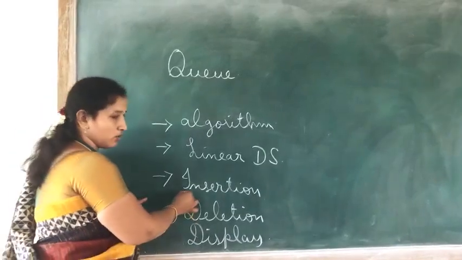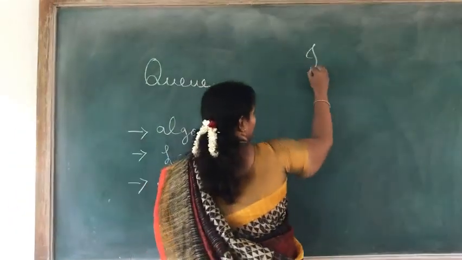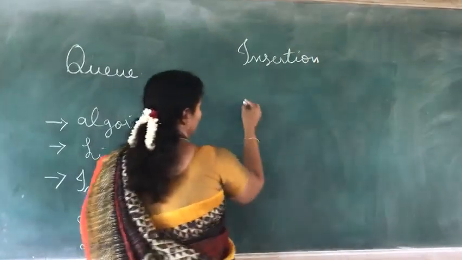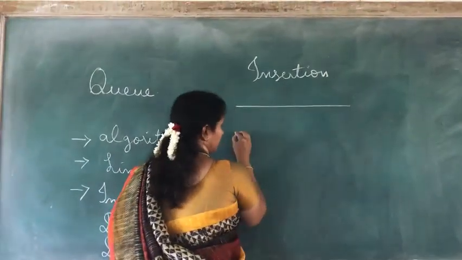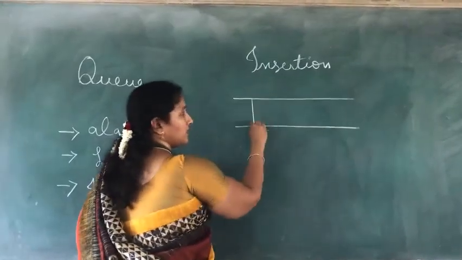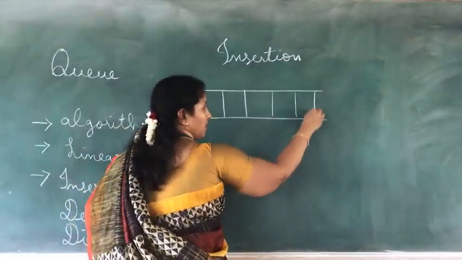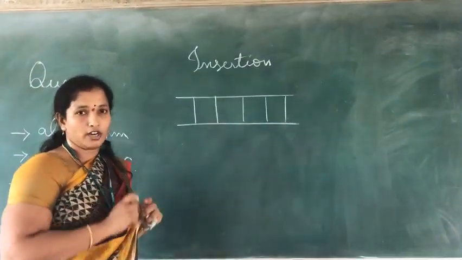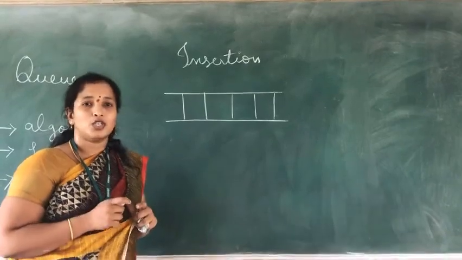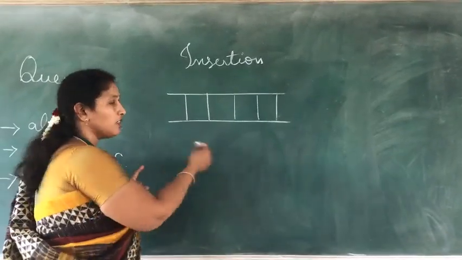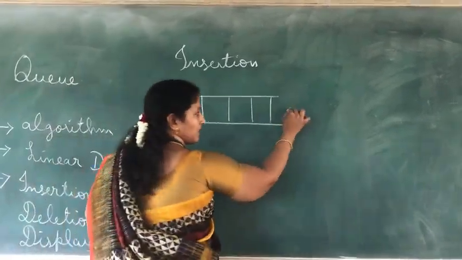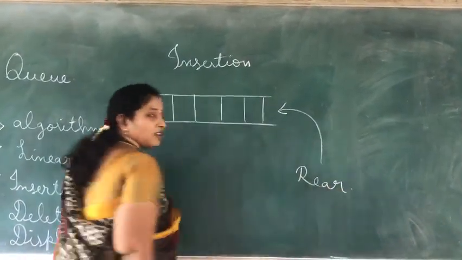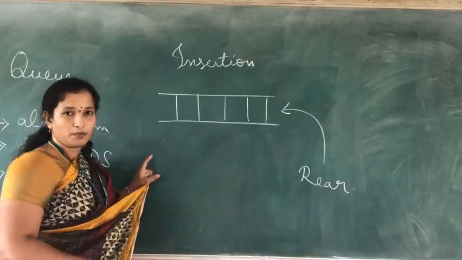Now we'll see about insertion. This is the queue structure. In this queue structure, we have to know the basic parts of the queue. We have two pointers to do the insertion and deletion operations. One pointer is named rear, which is used for the insertion operation.